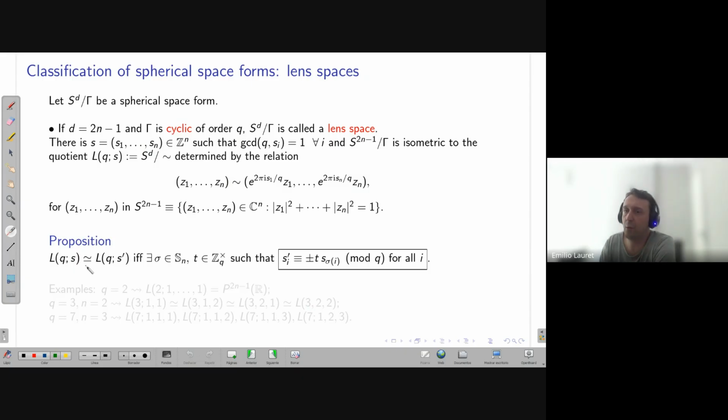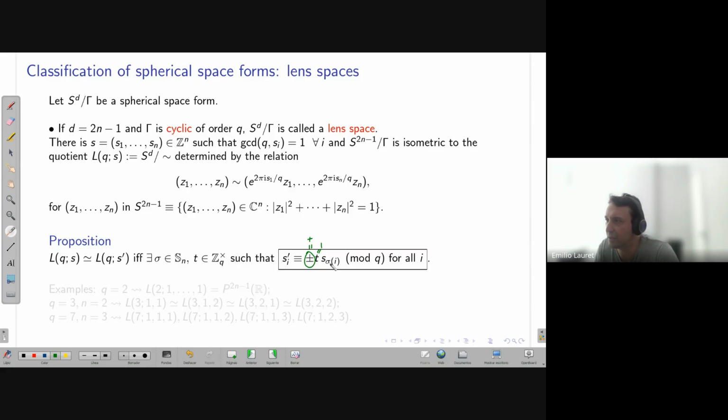We have this very well-known proposition that yields that these lens spaces are isometric if and only if we have this condition. That is very short but quite difficult to understand. Let me stop a moment here and explain what it means. Forget for a moment, or assume, that this t is 1 and forget this sign.